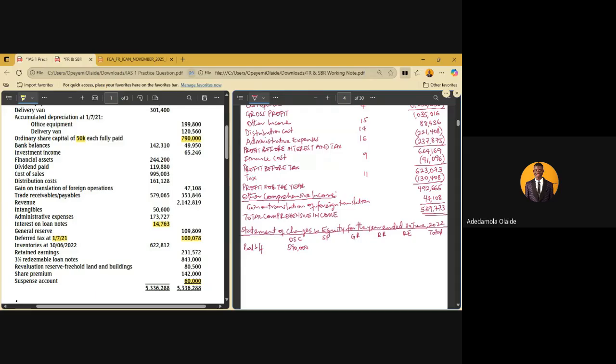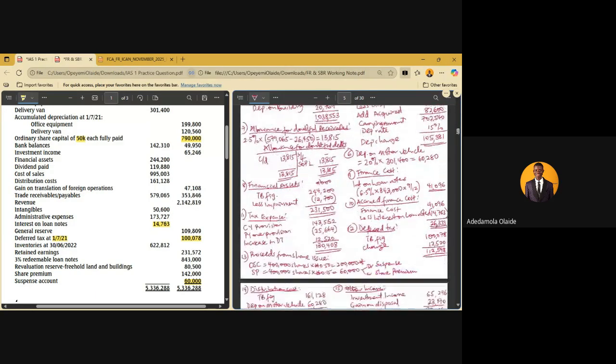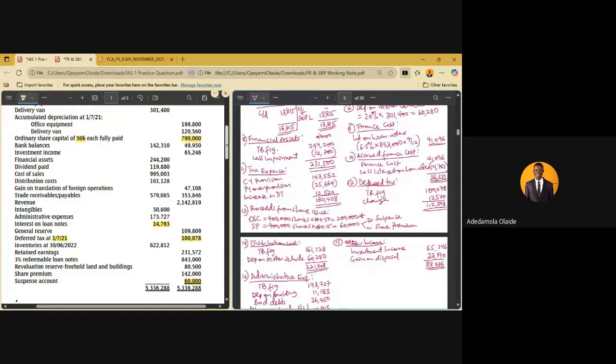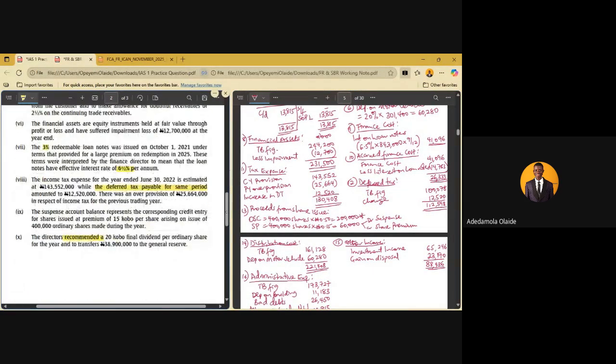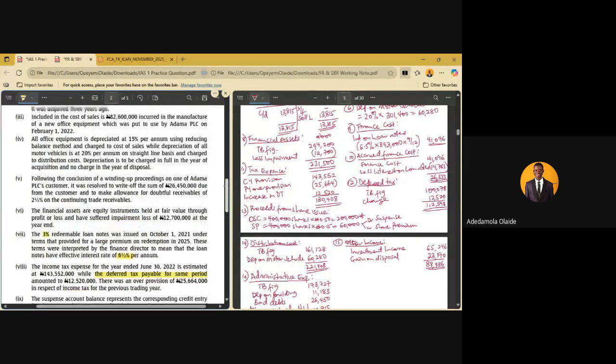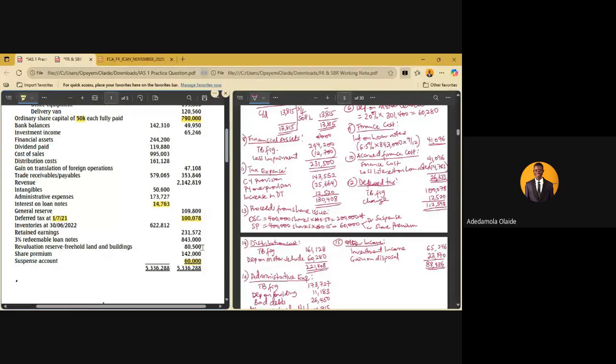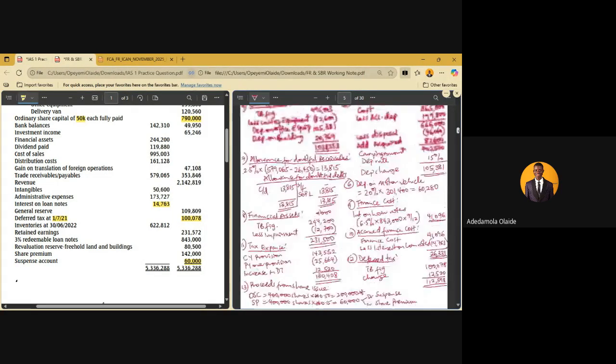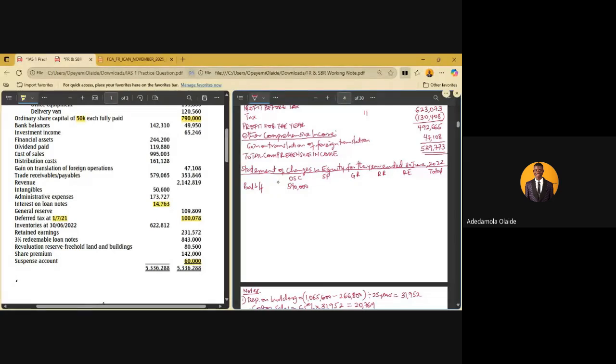I know you'll be wondering why I am making it 590,000, because I already calculated. They told us the shares were issued during the year. So if the value is not in the suspense account, they've added it to this, and that's why I'm taking it out to know what my balance is at the beginning of the year, 590.